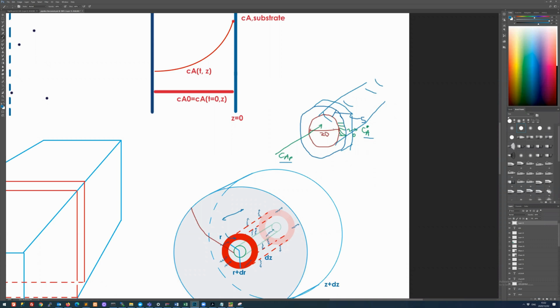If that's the case, then yes, we could say, I don't anticipate that this concentration is going to vary much in the axial direction. So if we assume that, then we can say that we expect all gradients in the Z direction are going to be 0. Right? So that's one.